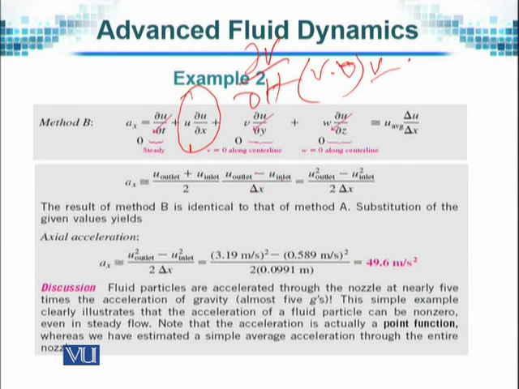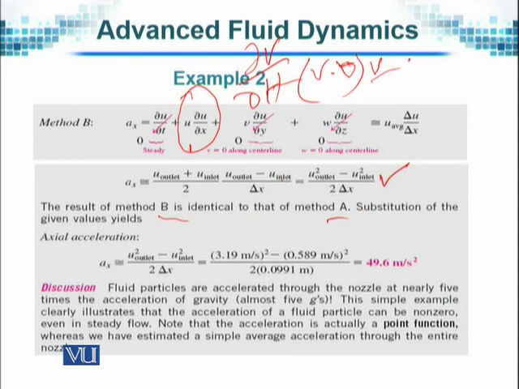When we multiply the two, we get the same result. You will recall this is the same equation that we computed earlier. So whether we do it by the differential method or by the algebraic method, the results are identical, and methods A and B turned out to be the same.